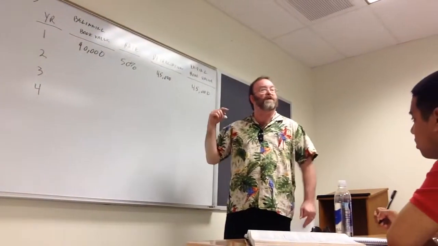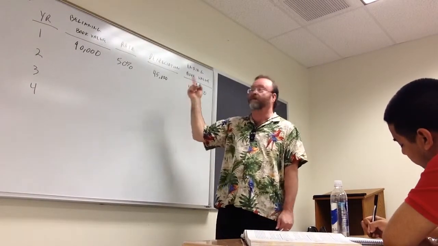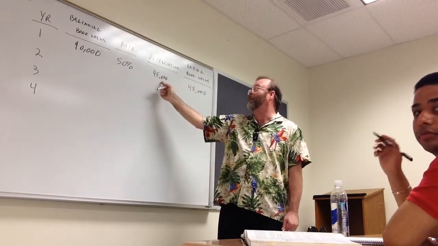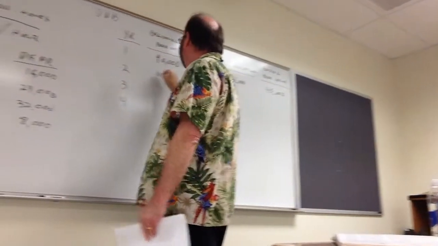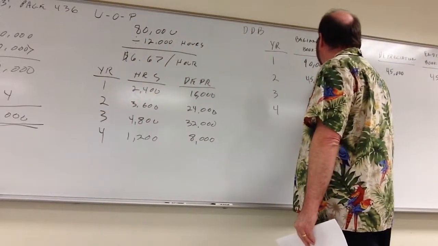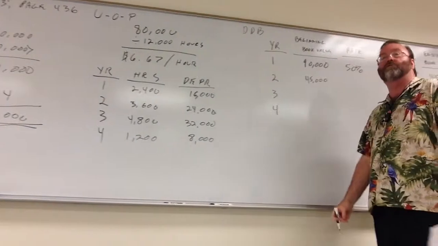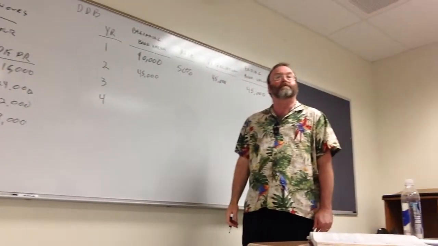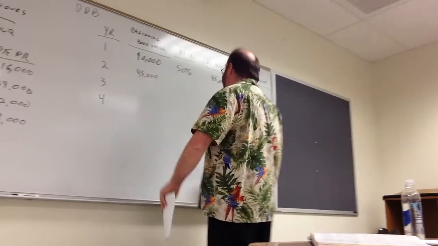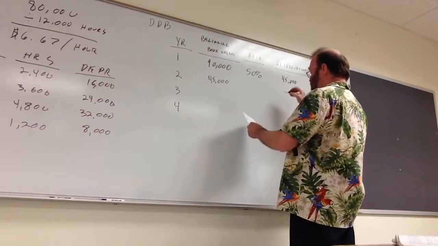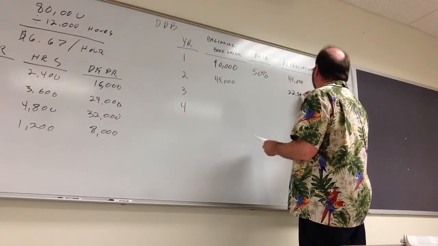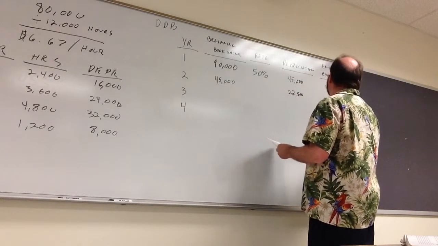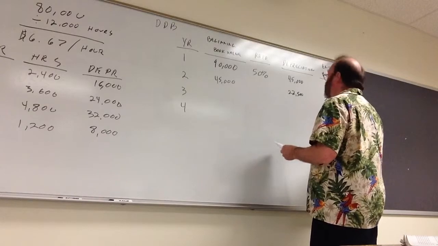So at the end of year one, our book value, the original cost minus now accumulated depreciation, is $45,000. $45,000 then becomes the beginning book value for year two. Multiply it by 50%. You get $22,500, leaving you with $22,500.